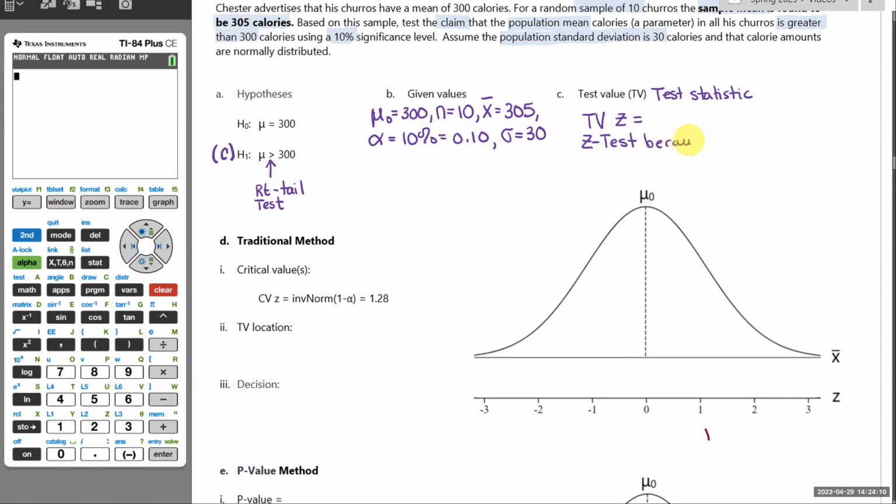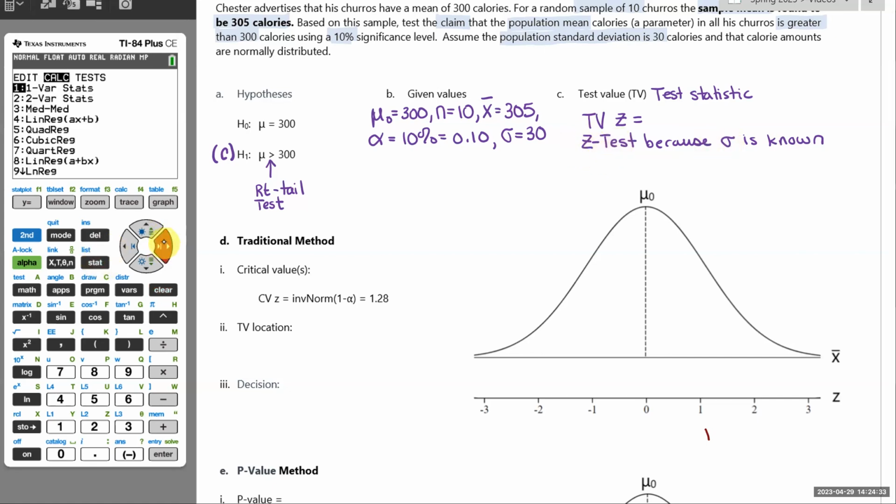It's going to be a z-test because sigma is known. You might be able to guess that if we didn't know sigma and we knew sample standard deviation, then we wouldn't do z-test, we would do t-test. So we would be following the rules from the confidence interval chapter, but we know sigma, so that's why we're doing a z-test. So we're going to go ahead and let the calculator do that for us.